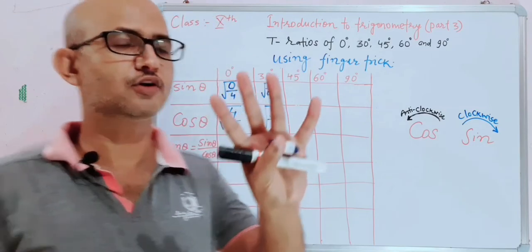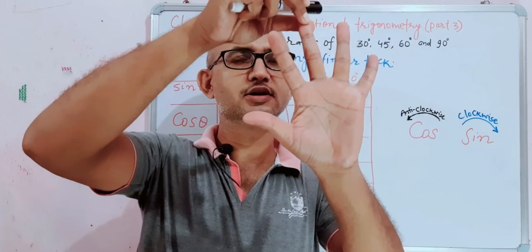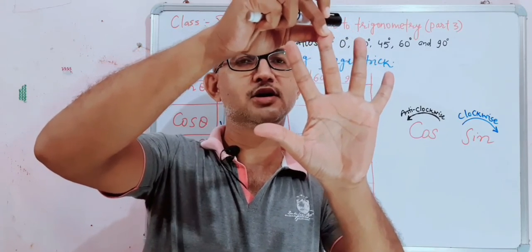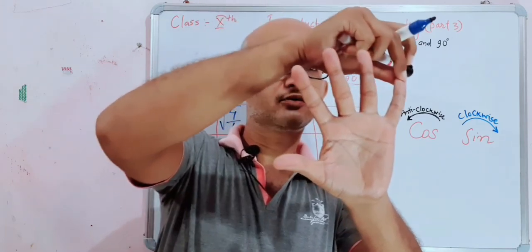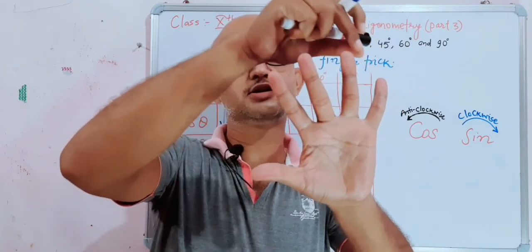In the case of 45 degree, hold this finger marked as 45 degree, and count the number of fingers in its clockwise direction. There are 2 fingers in its clockwise direction.